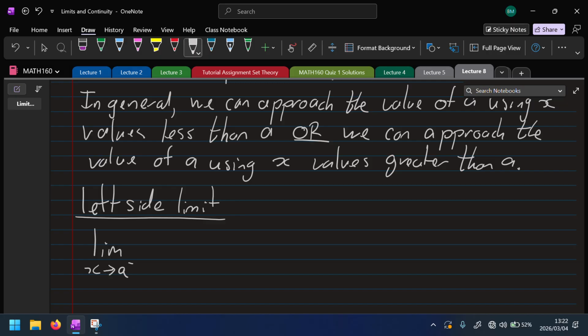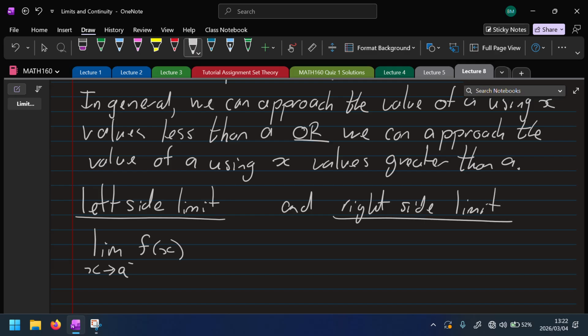So minus, we're on the left side. Okay, and we also have a right side limit. That's where we're using values that are greater than a. So we have the limit, x approaches a, and we put a little plus there to show that those x values are larger than a.